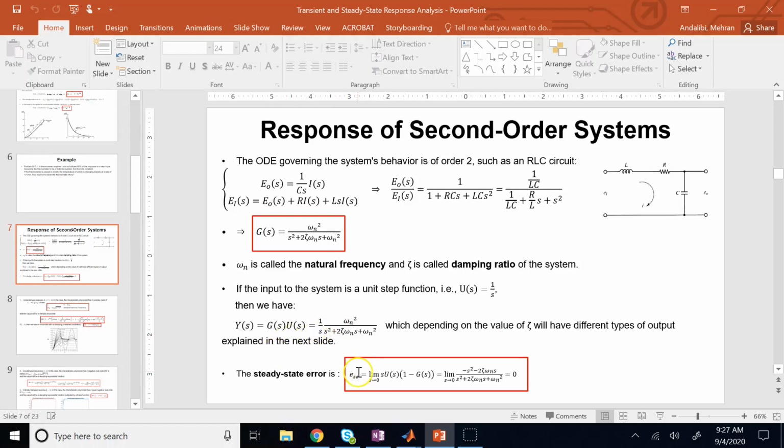First of all, if you want to know the steady state error, remember that the steady state error in general was s U of s times 1 minus G of s for any arbitrary G and U. So if you plug in the G and U in this case, you can easily find that the steady state error is 0. In other words, the system is well capable of catching up with the step input.